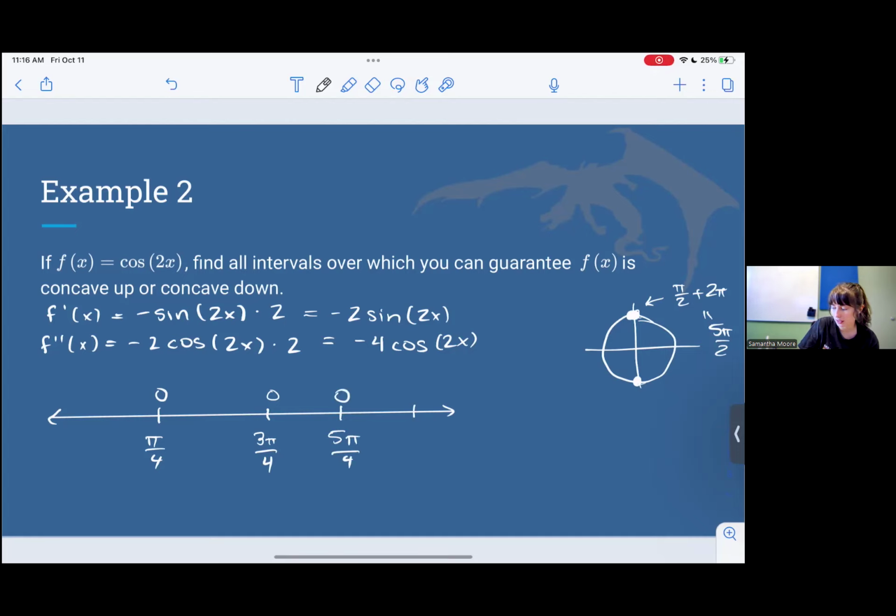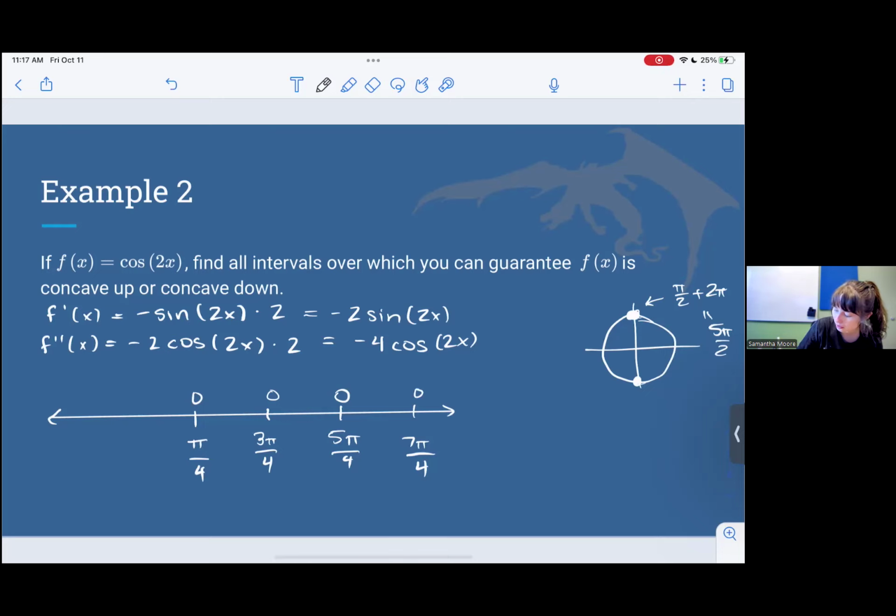And so forth. So you can kind of see that the pattern seems to be, and you can double check and be sure, the pattern is that we are just adding multiples of pi over 2.